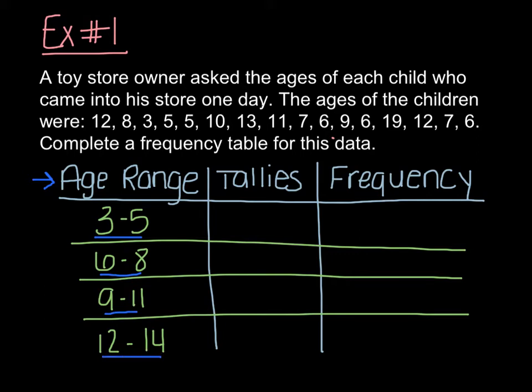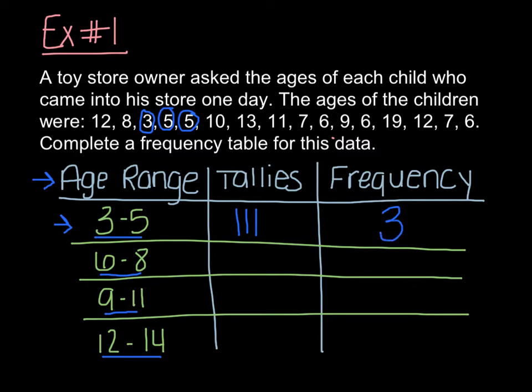So let's go ahead and find all the kids ages 3 to 5. I see 1, 2, 3, and that looks like all. So I'm going to make 3 tally marks for the 3 children that are between the ages of 3 and 5. So our frequency is 3 children.